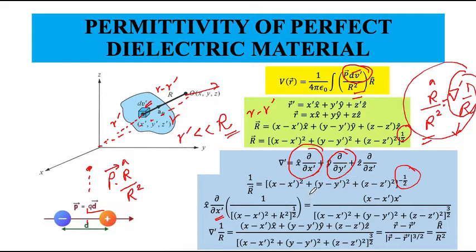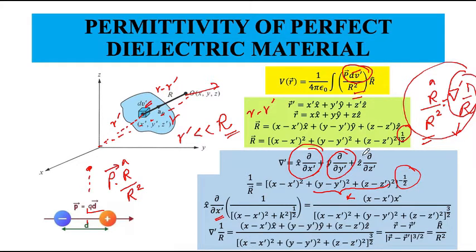Okay, so what do I get if I differentiate this with respect to x dash? This quantity, if you see, I can assume to be a constant, some k, because with respect to x it is constant. So it will look like 1 by (x minus x dash) squared plus k squared, to the power 1 by 2. It is constant simply because when I differentiate with respect to x dash, y and z are my constant values.